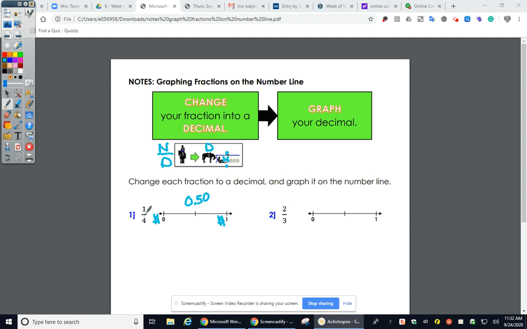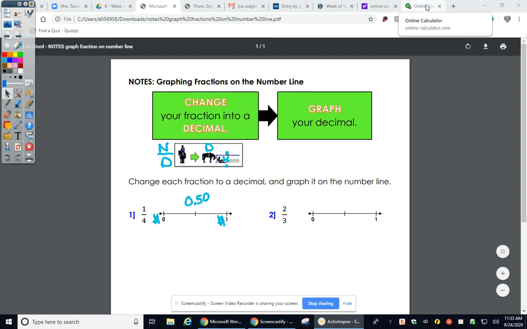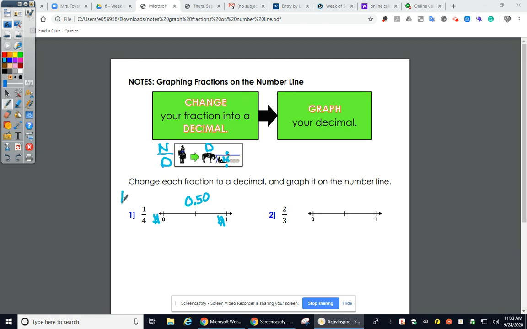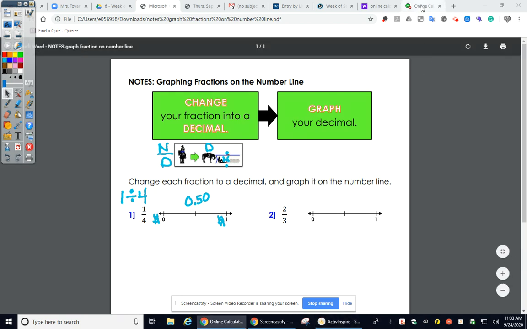All right, so what I would do is let's go ahead and change our fraction into a decimal. And today, I'm going to use a calculator, so I'm going to take 1 and divide it by 4. So I'm going to plug that into my calculator.